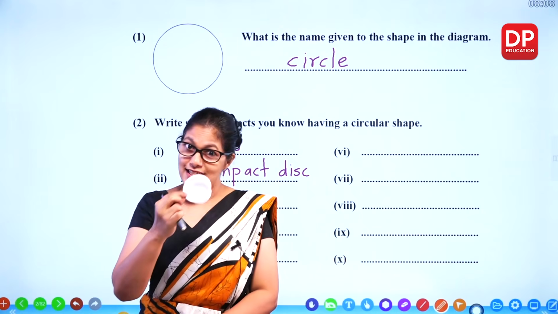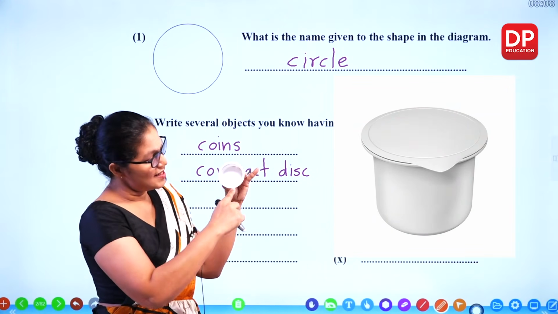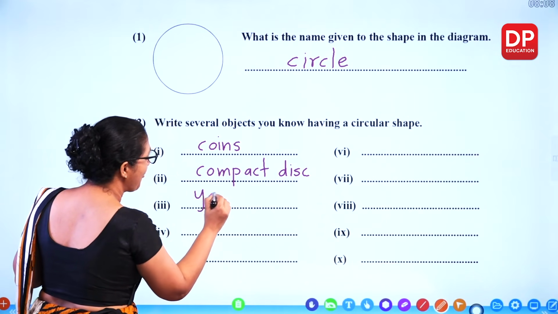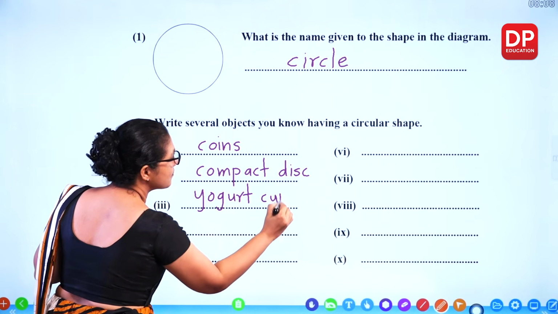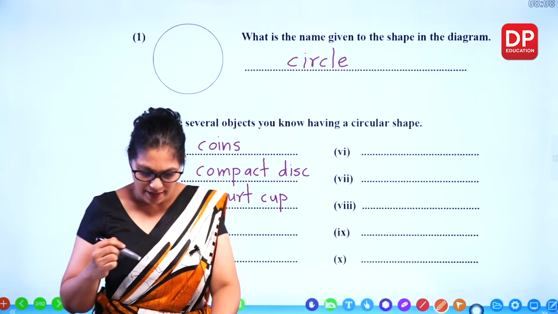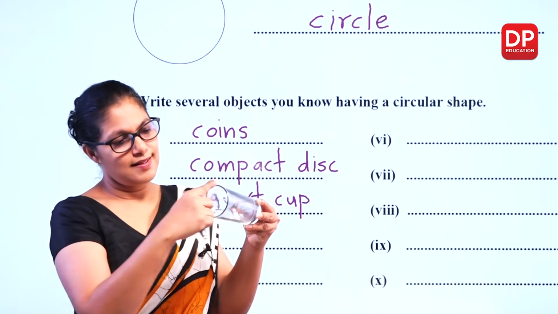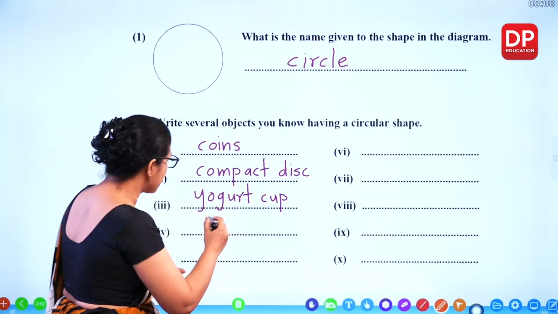What about this? You like to eat yogurt, so this is circular shape. Yogurt cup. Glass, so you get circular shape. You can write glass.